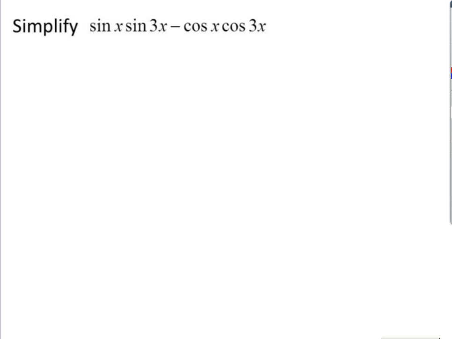So the first thing we can do is factor out a negative 1 from both pieces. Sine of x, sine of 3x divided by negative 1 gives us negative sine of x, sine of 3x. And a negative cosine x, cosine 3x divided by negative 1 makes it positive. Now we can rearrange this because it is addition or subtraction.